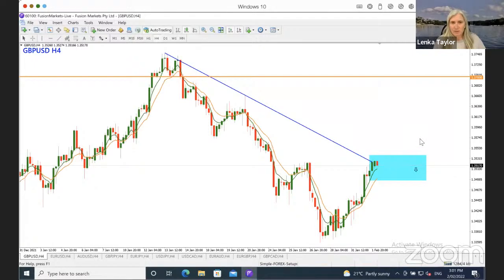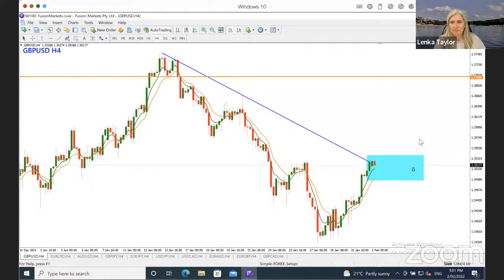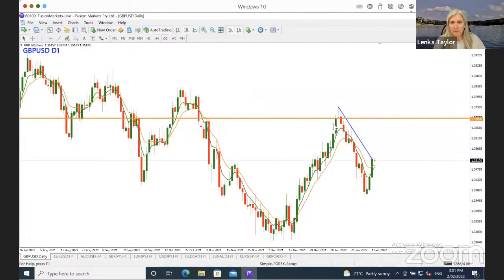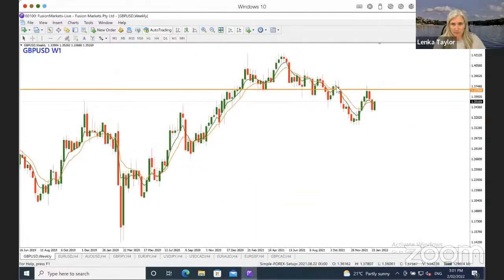All right, we're going to be starting with GBP USD on the 4-hour time frame. I'm looking at the moment for a short, depending on price action that will happen. Looking at D1, we've got this trend coming down of the support or resistance line there, resistance on the weekly.